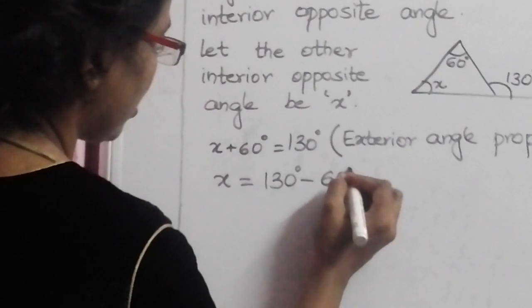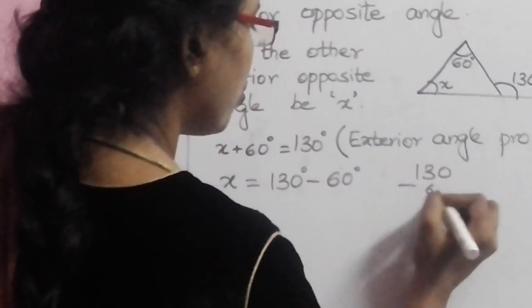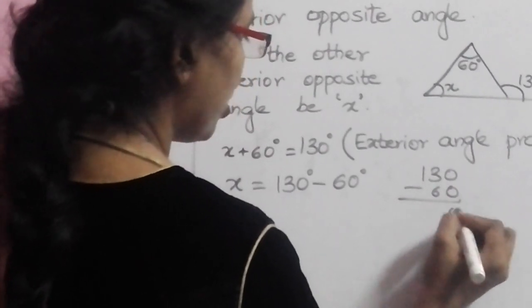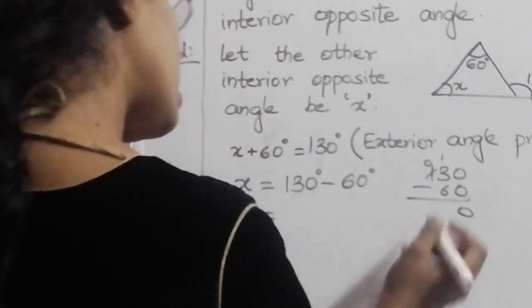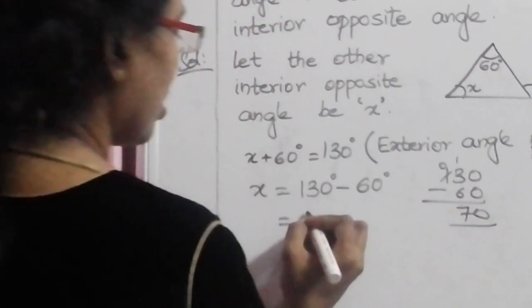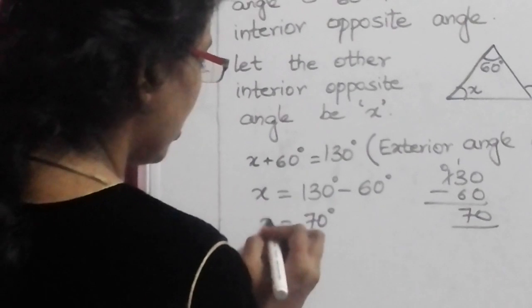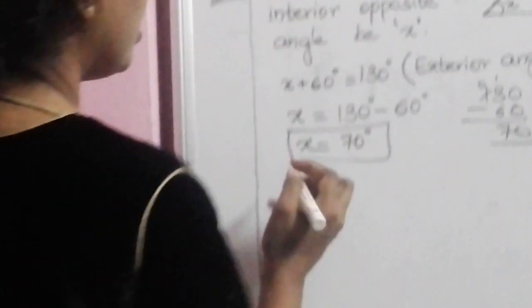So here x is equal to, this 60 will go to the other side, 130 minus 60. Let us do it in the rough work. 0 minus 0 is 0. 13 minus 6 is 7. So it is 70 degrees. X value you got as 70 degrees.